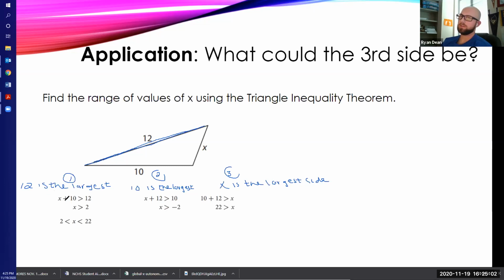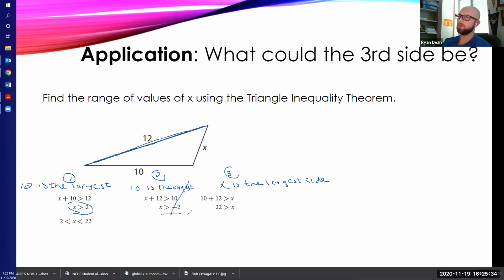In this first case, with 12 being the largest side, that means that x plus 10 just has to be greater than 12. So when we do this inequality, we take 10 away from both sides, and we get this right here, that x has to be greater than 2. Okay. In the second scenario, where 10 is the largest side, when we take away the 12 on both sides, we get x is less than negative 2.